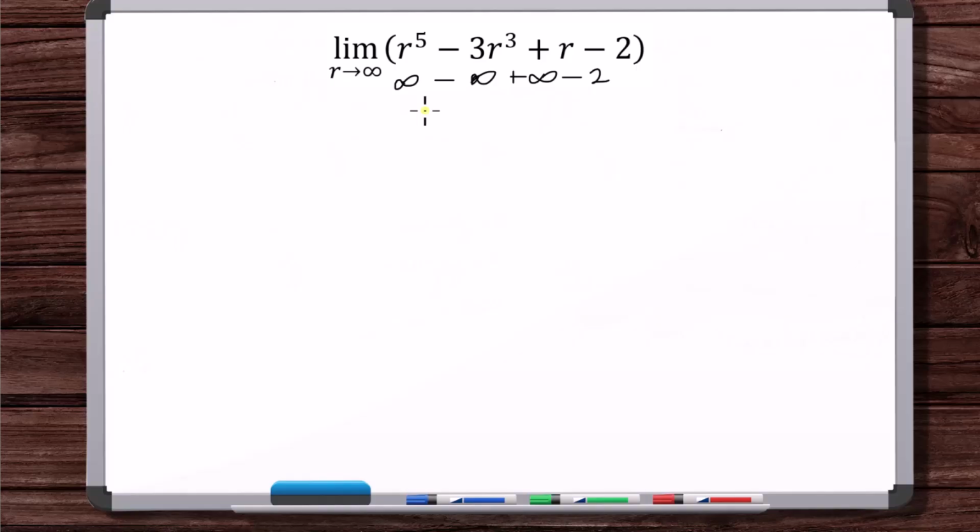And in general, that is true. We would call this indeterminate, but we do know from algebra the end behavior of polynomials and how they work. When you're analyzing any polynomial as the input goes to positive or negative infinity, the leading term is always going to take over. You just ignore all the other terms except for the leading term and see what the leading term is doing.